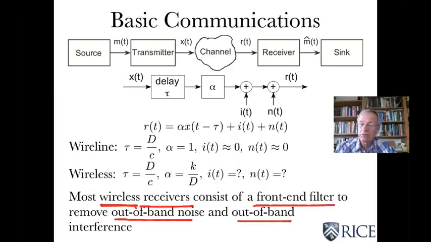And again, out-of-band means not in the bandwidth of the transmitter signal, not in the bandwidth of X. Why keep the noise and any other signals floating around that are out of band when a band pass filter, maybe a low pass filter for the baseband situation, a band pass filter for modulated situations, can get rid of all other signals? So that's why most wireless receivers, right at the front, there's a filter. And then further processing goes on in many cases to yield the reconstructed message. We'll talk about those kind of situations in succeeding videos.